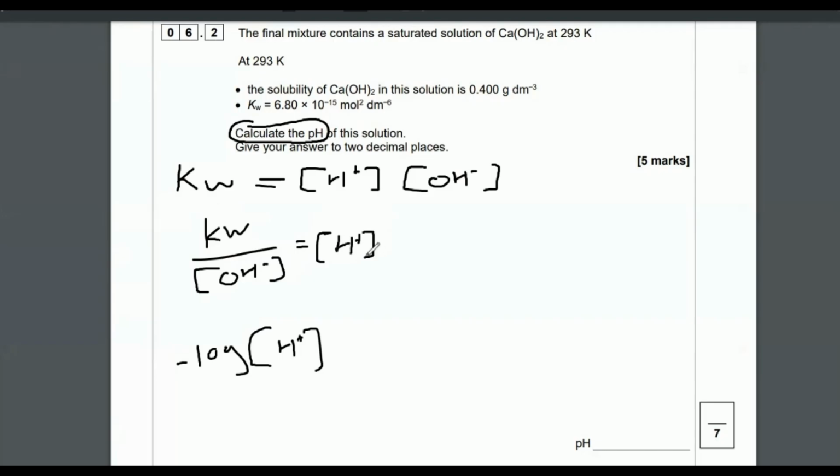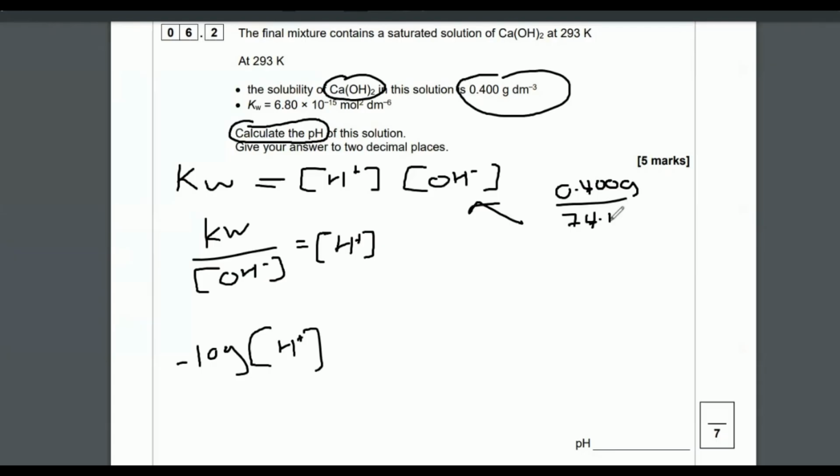Okay, let's go through the answers. So I need to find out this. We've been given Kw, so we don't need to work that out, but I need to work out the hydroxide ion concentration. And I've been given that for calcium hydroxide. So I just want to turn that into mole per dm³. So I'm going to do 0.4 grams over the Mr, so I'm going to do that over 74.1.